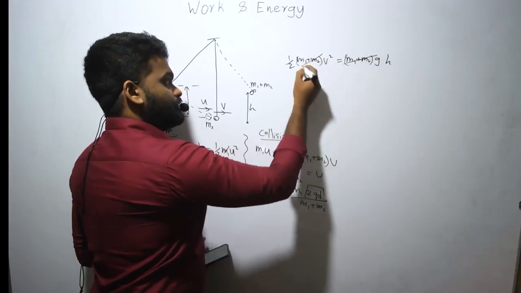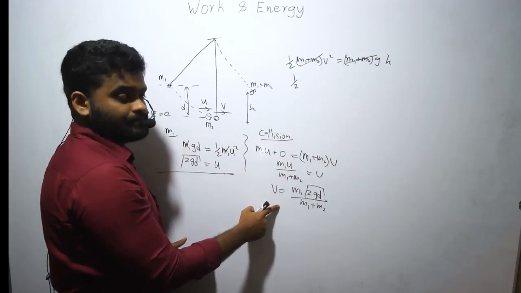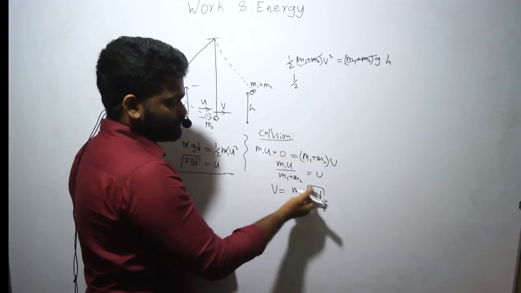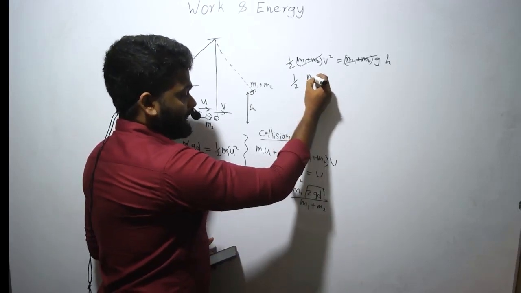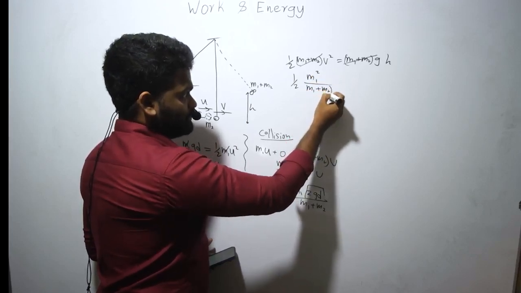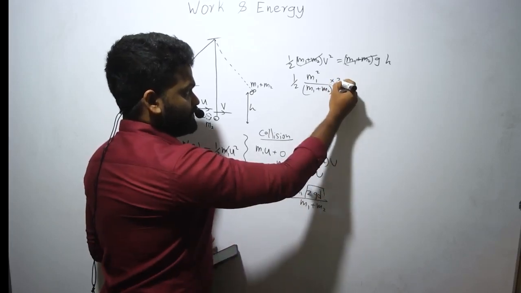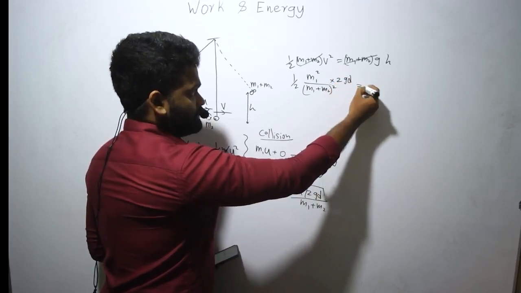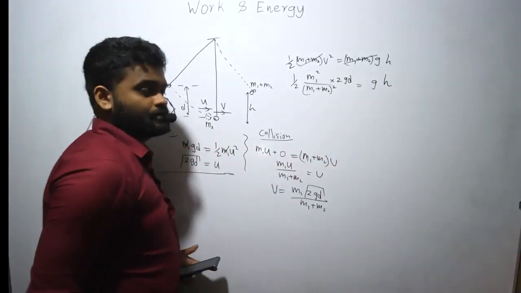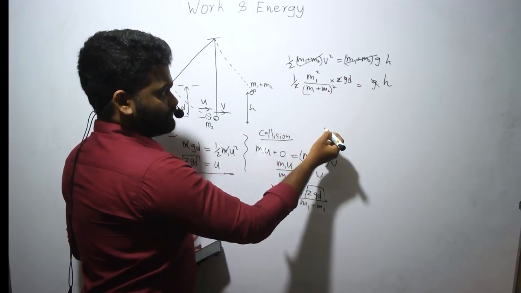Then m1 plus m2 cancels, so half v squared equals g h. Substituting the square of v, you get m1 squared divided by m1 plus m2 squared times 2gd, equal to 2gh. So we have to find h. g cancels off, and the 2s cancel off.